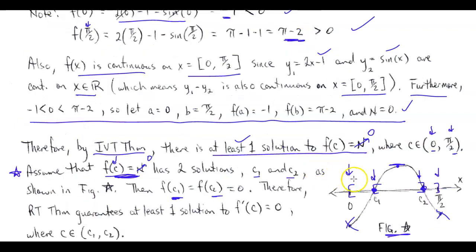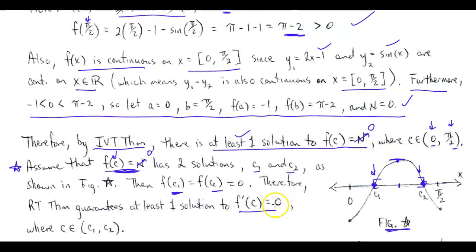All right, so if we are just considering this closed interval from c1 to c2, then Rolle's theorem guarantees that we are going to have at least one value in between c1 and c2 where we have a point, and the tangent line that goes through that point should have slope 0. Another way to say that, f prime of c is equal to 0, okay?